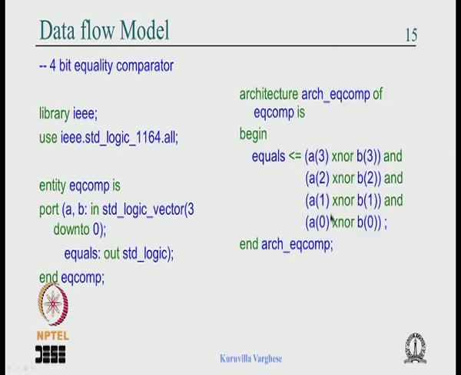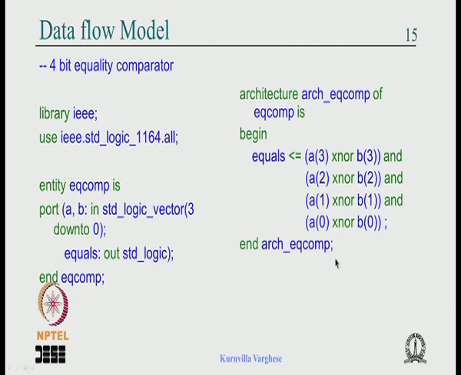Just think of a scenario where, instead of a 4-bit equality comparator, you are using, say, a 31-bit comparator for whatever reason. Then we will write here A, B is in std_logic_vector 31 down to 0, and you know that this goes down all the way: A31, B31, A30, B30 and so on, all the way up to A0, B0.